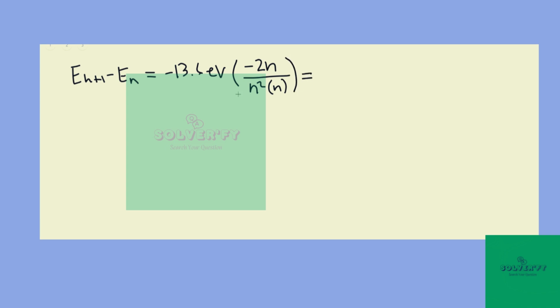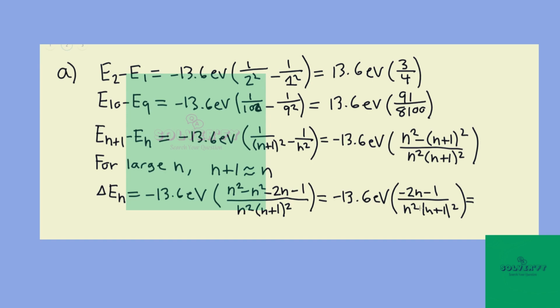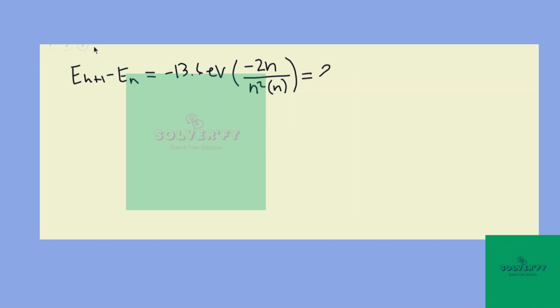Pull the negative 2 out. This is where we get the 27.2 eV. We are left with n over n to the 4, which gives us the result: 27.2 eV over n cubed.